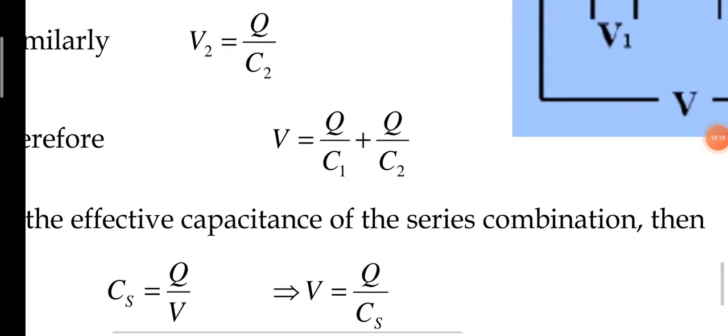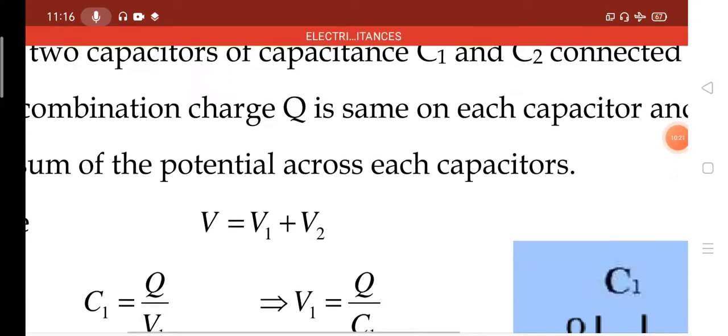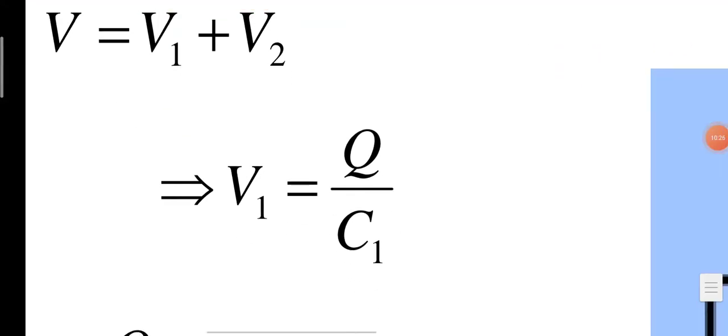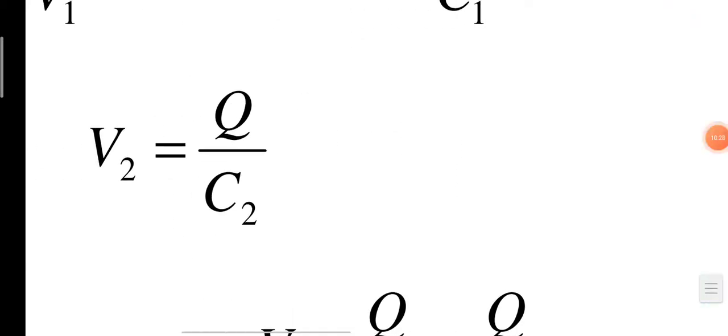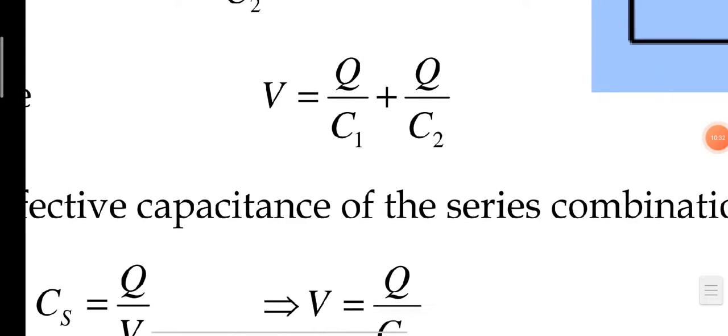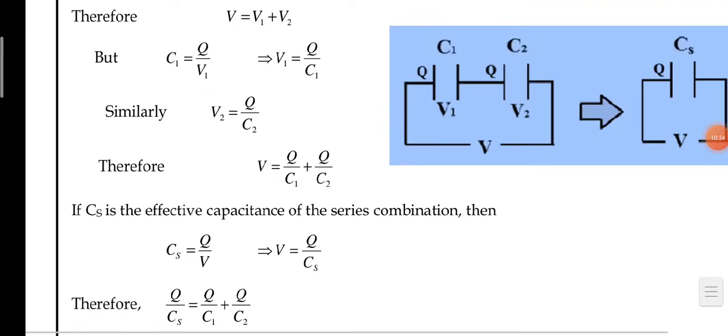Then V equals, instead of V1 write Q by C1, instead of V2 write Q by C2. So V equals Q by C1 plus Q by C2. We got one formula.